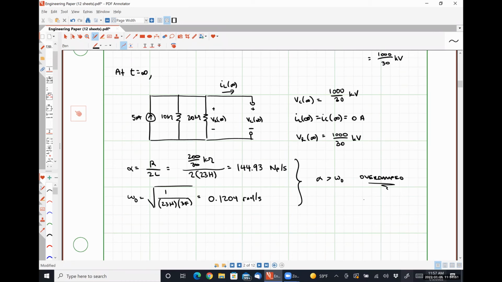So 10,000 over 69 or 144.93. All right, so that checked out. Omega naught was the square root of 1 over 23 times 3. Let's store that as variable B, 0.1204. So that checks out.